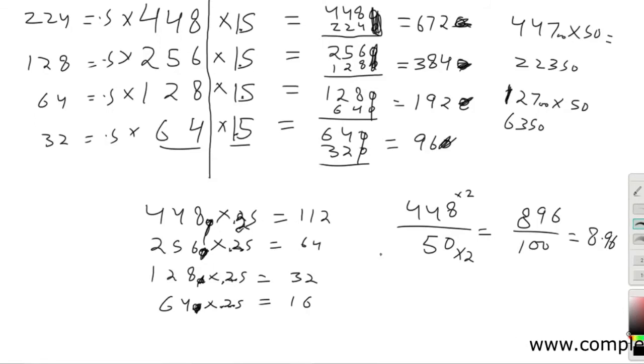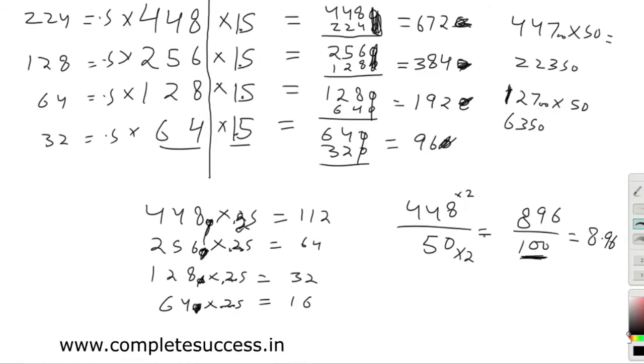Is it clear? Instead of dividing this value, we are simply multiplying with 2. So actually we are converting it into 100, so that our base is 0. 100, 10, 1000. Is it clear?